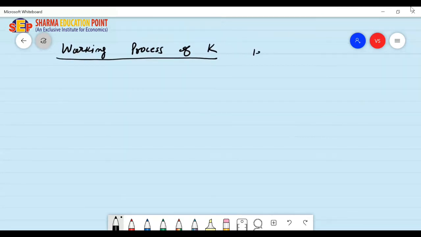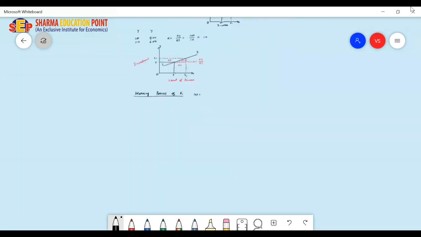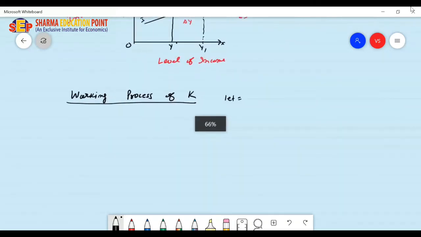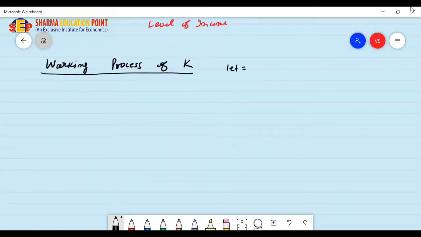For this, suppose the initial investment delta I is taken as 1000 and MPC, let's say, 0.75. This is the most important concept.